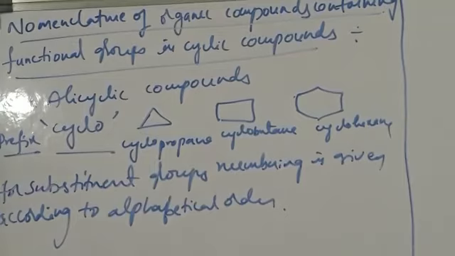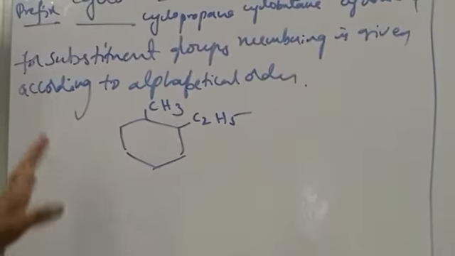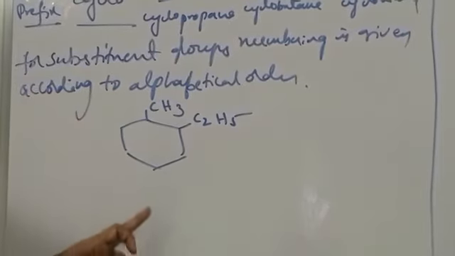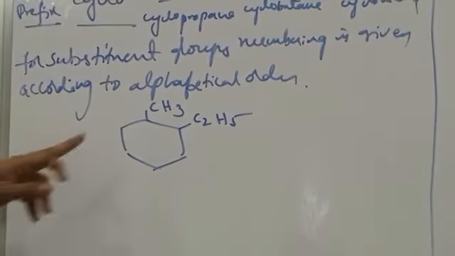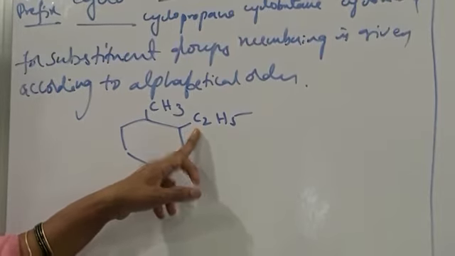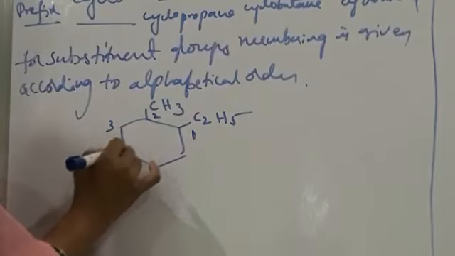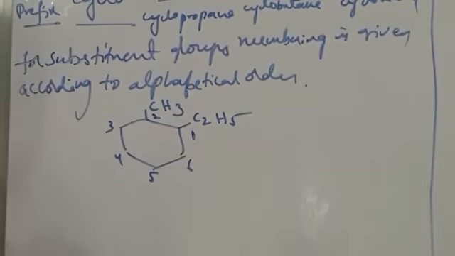For example, an alicyclic compound is there with a methyl substituent and an ethyl substituent. According to alphabetical order, we'll give first priority to ethyl. So numbering starts from here, 1, 2, 3, 4, 5, 6.